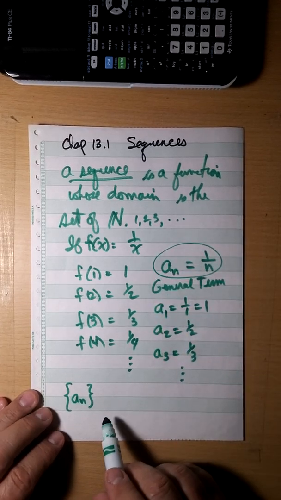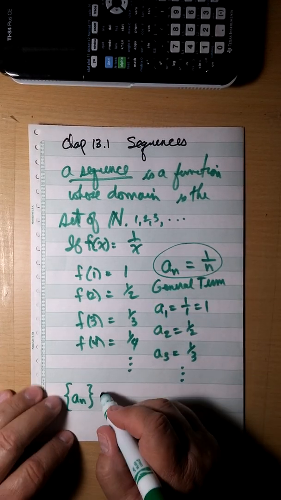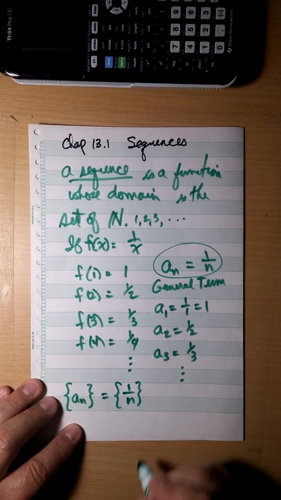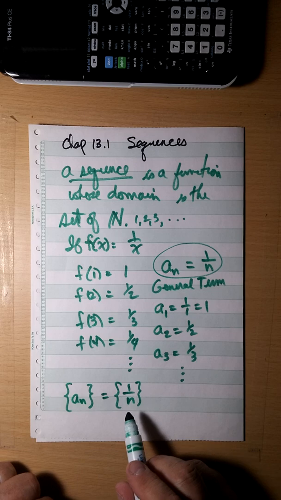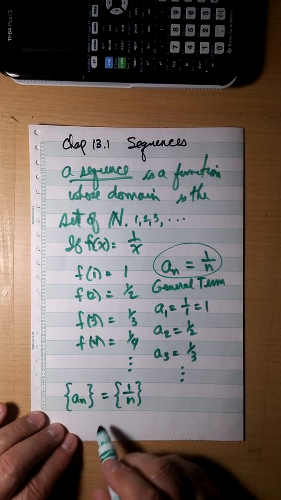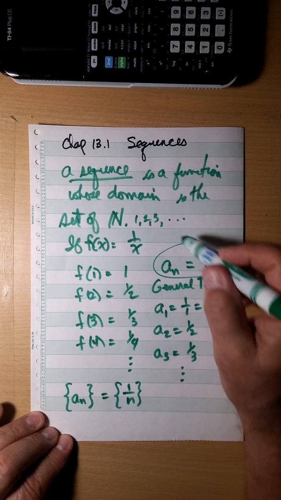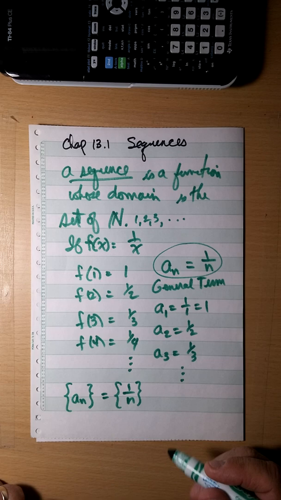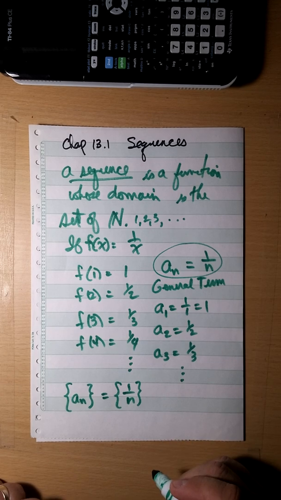You'd have to know what a sub n equals. You could then say this is 1 over n, because that's what a sub n is. A sub n could be anything. The idea is you're going to have some sort of equation, and when you plug in integers, you're going to get a list, a sequence of numbers.